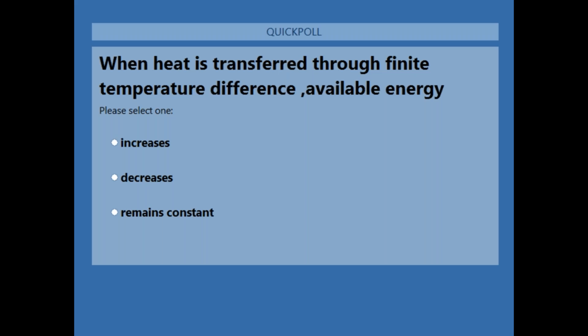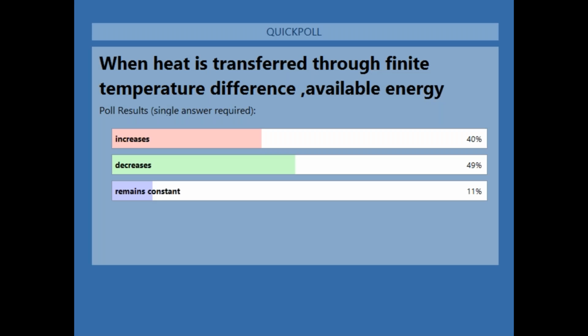About 50% of the class has understood this. I'm sharing the results with you. So you see that the correct answer is decreases. About 50% of the students have understood this concept.